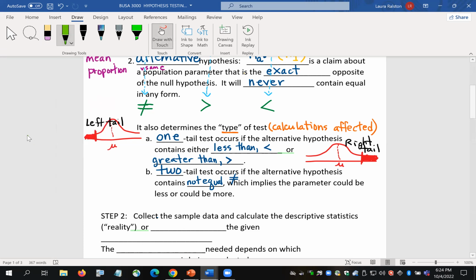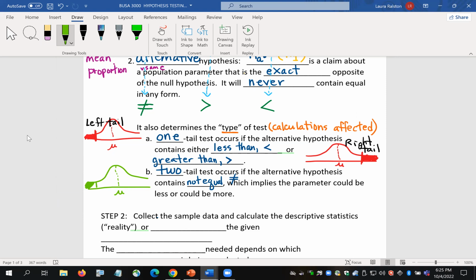So if we're thinking about that in terms of a picture, and thinking about being statistically significant, again, relating it to the normal distribution that we're familiar with, we have the mean. So we're just saying it's not equal. So it's not the same as the mean, but it could be less.